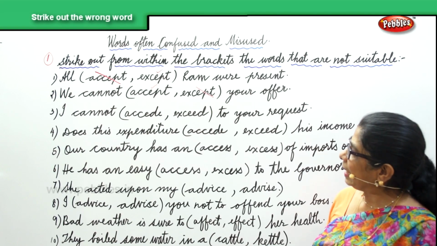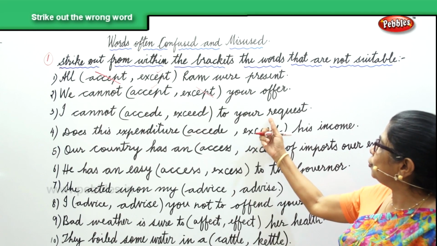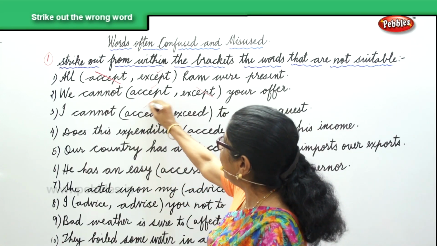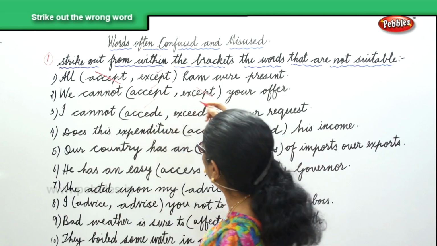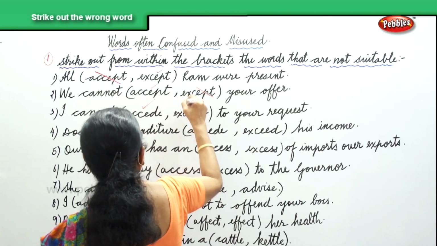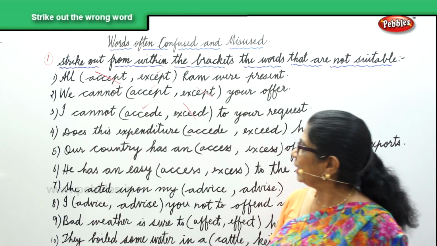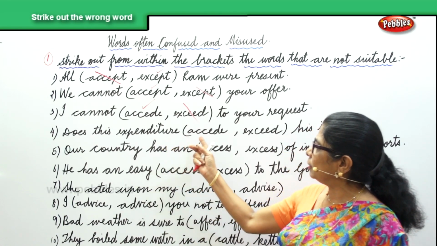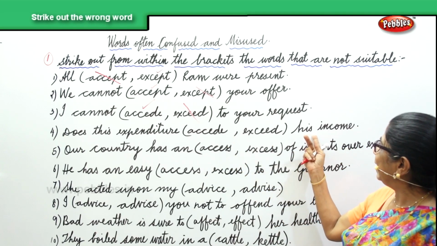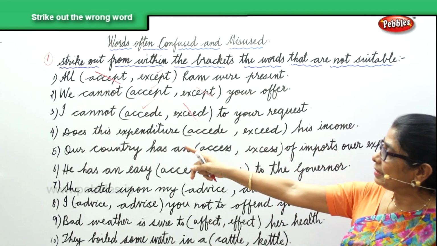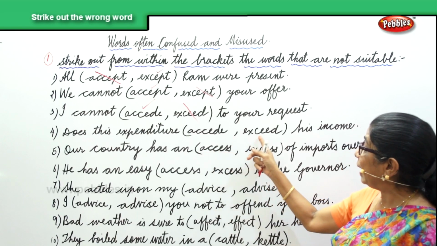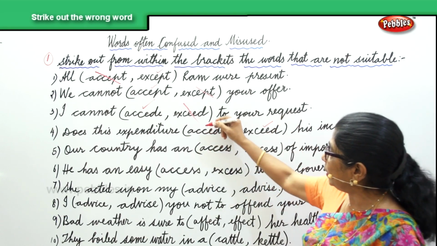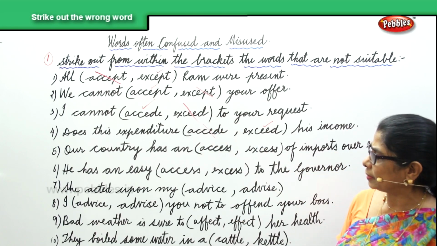I cannot accede to your request. Okay, not exceed. Exceed means over. Does this expenditure exceed his income? Yes. Does this expenditure exceed his income? That's the right word, and we are striking off this.